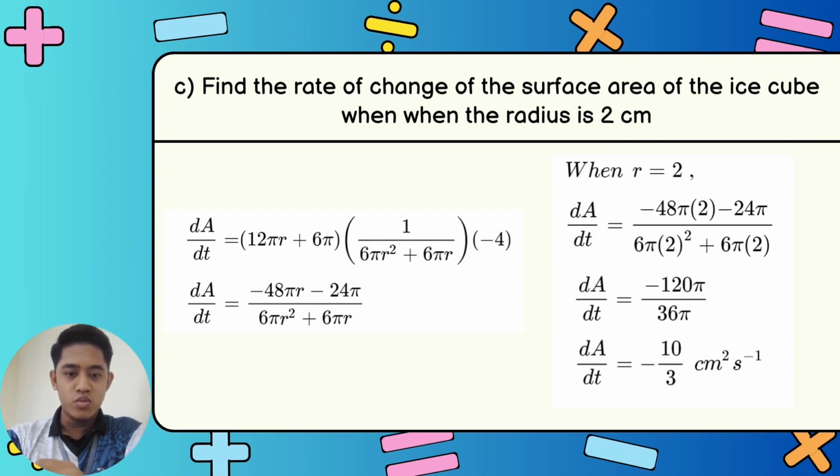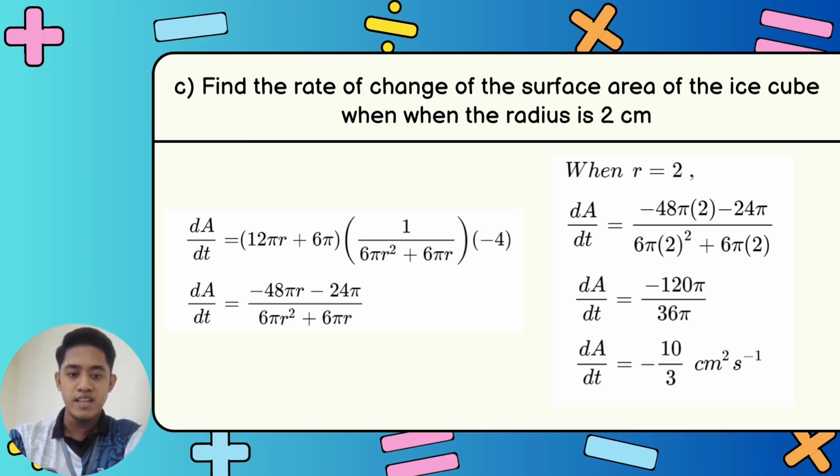Then, we just substitute all the values that have been calculated before into the equation, and we will get dA/dt, which is (12πr plus 6π) times 1 over (6πr² plus 6πr) times negative 4. Then we simplify the equation and get the final form before we substitute the radius: negative 48πr minus 24π over 6πr² plus 6πr.